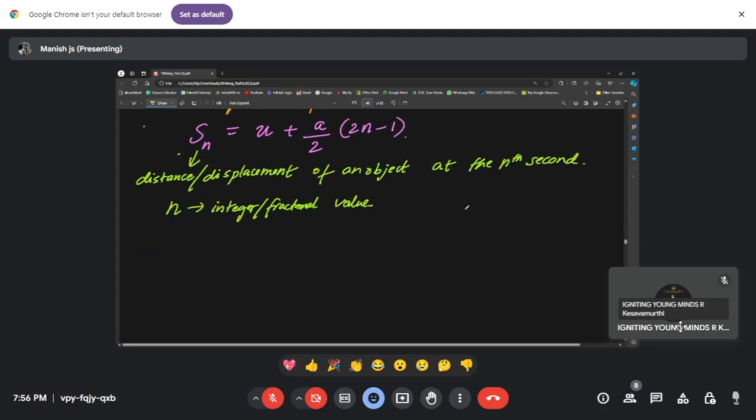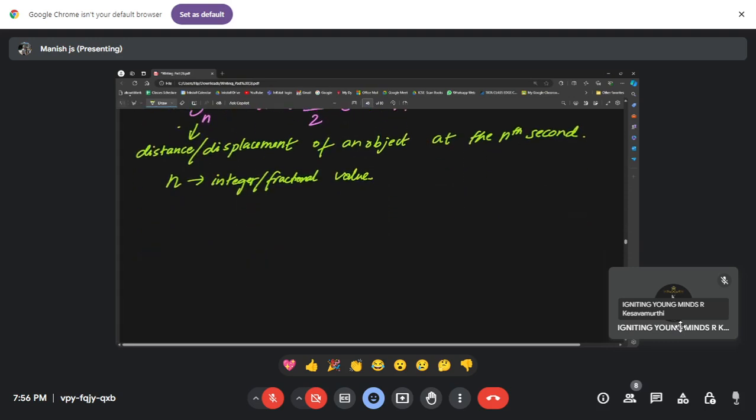And finally, we'll see the fifth equation of motion. This is also an extended equation, which is important. It gives you a comparative edge. So the fifth equation of motion is expressed as S equals (u plus v) upon 2, the whole into t.